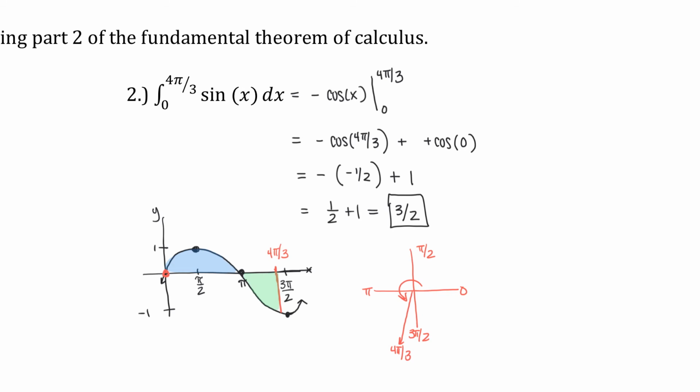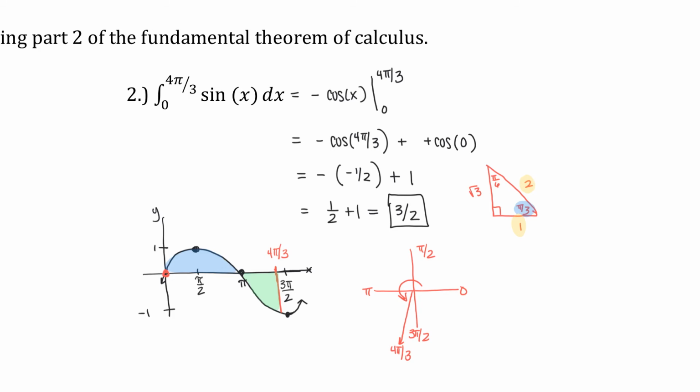And then also, I guess, how did I evaluate cosine of 4 pi over 3 really quickly? Some of you might be unit circle memorizers, and that's fine. I'm not. But I am a triangle memorizer, so I always know this triangle. The reference angle of 4 pi over 3 is just pi over 3. And then the definition of cosine is going to be adjacent over hypotenuse, so 1/2.